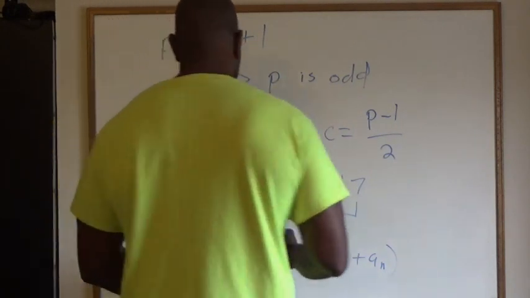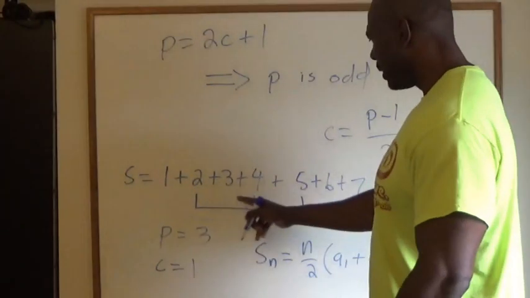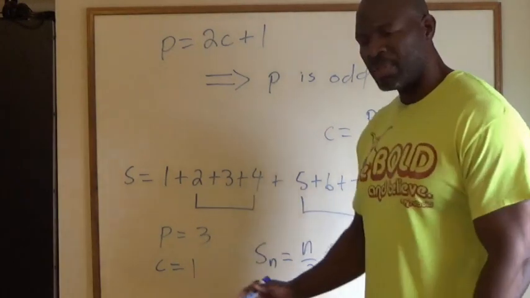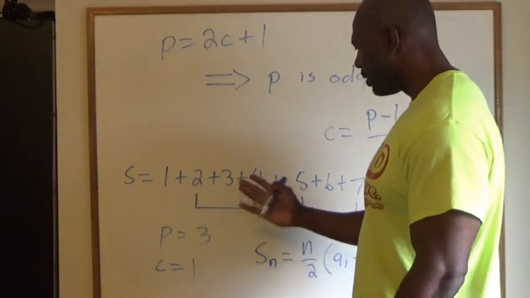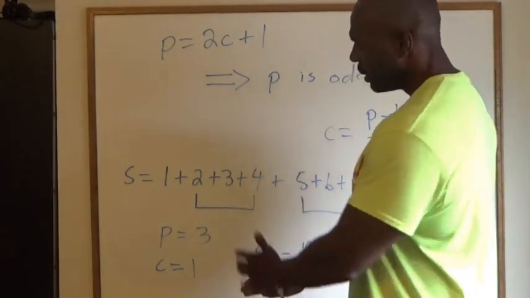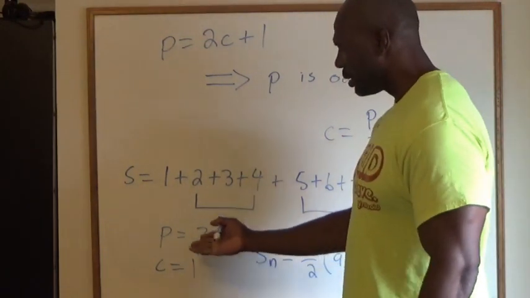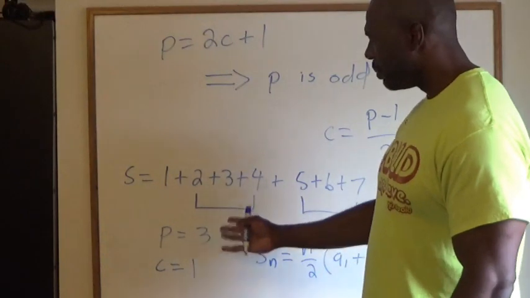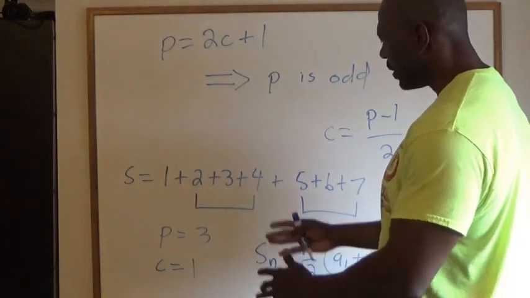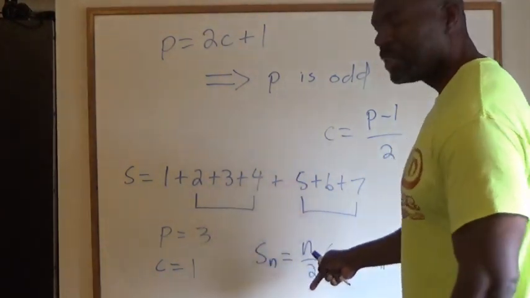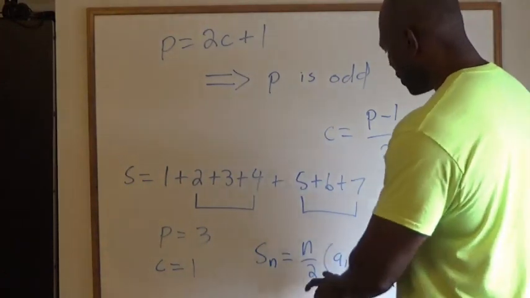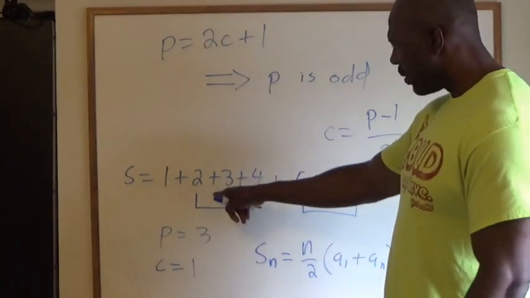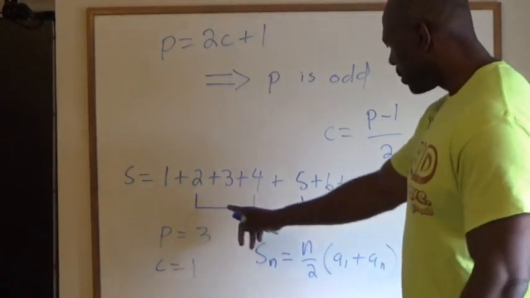So, for instance, for this sum, we already know that this partial sum is 9. It's very easy to do. We can just add these three numbers. But let's say, for instance, p was 1,000,007. Then we don't have time to sit there and add all those numbers up. This formula works a little bit better. But just to show the use of this formula on these three numbers, there are three numbers here.